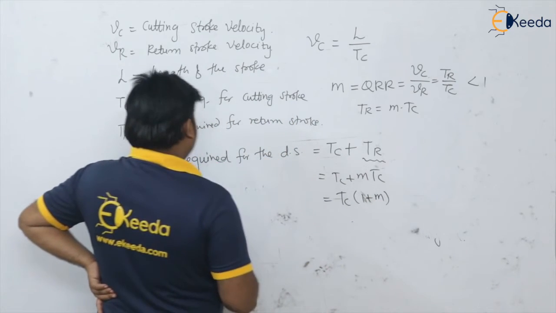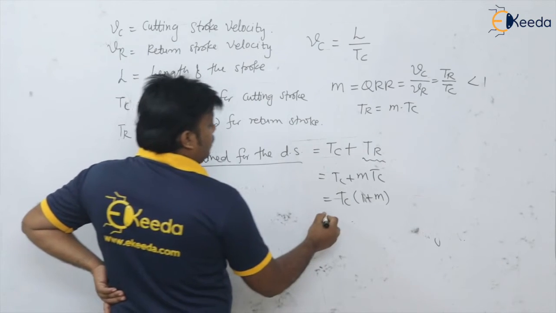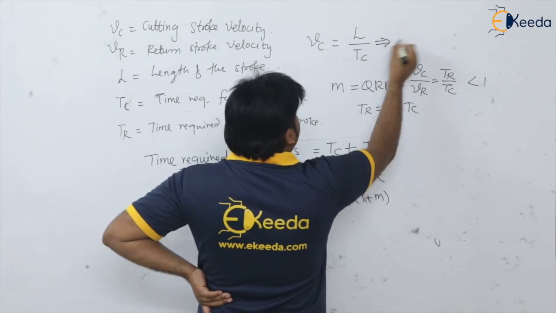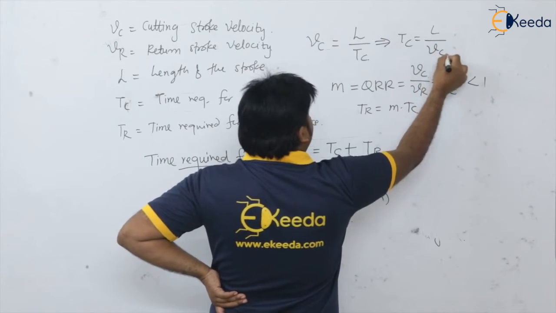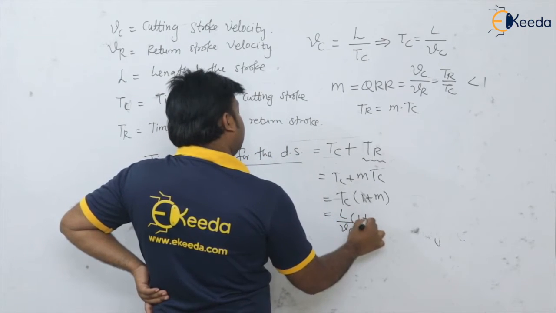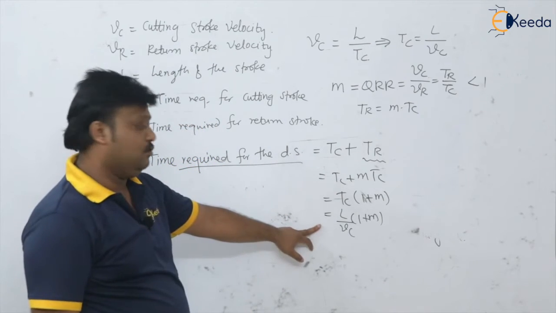Isn't it? Which is equal to what? Time required for the double stroke. Now what is TC? From this equation, can we have TC, the cutting time, is equal to length of stroke divided by cutting velocity? Yes, that is L divided by VC into 1 plus m. This is the time required for the double stroke.